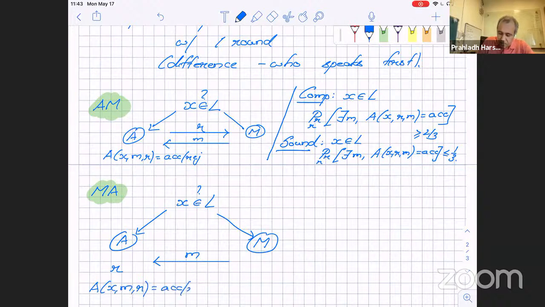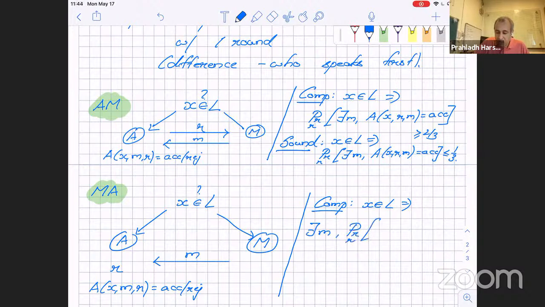Because whether he gives the random points to Merlin or not, there's no point, because Merlin has already committed to this message. In this case, it's almost the same thing. Completeness states that if X is in the language, then there exists one message from Merlin such that over the random points, A(X, M, R) equals accept is greater than 2/3.